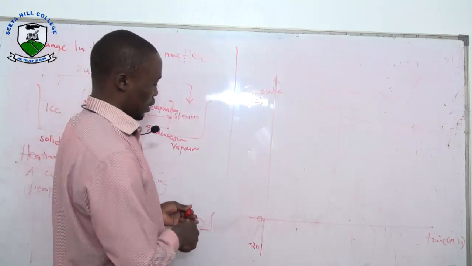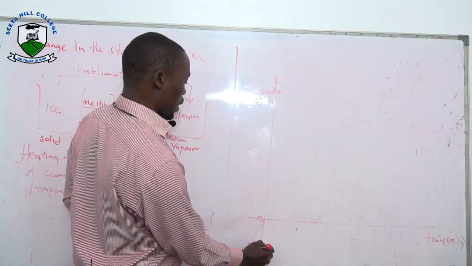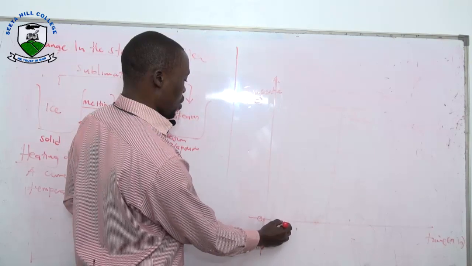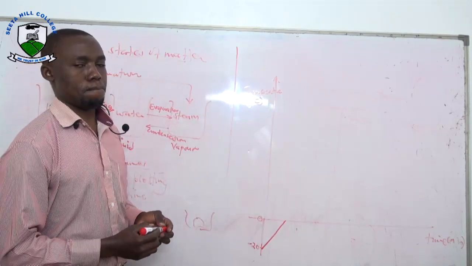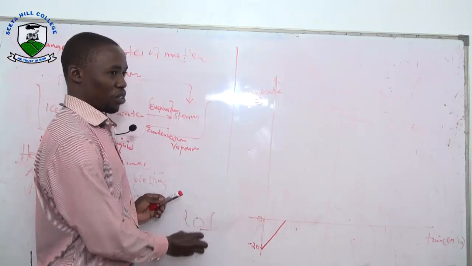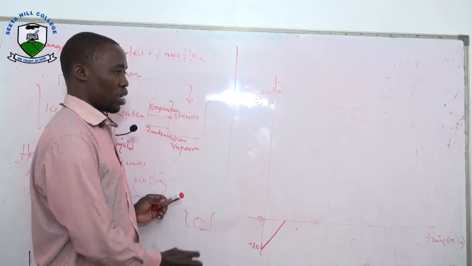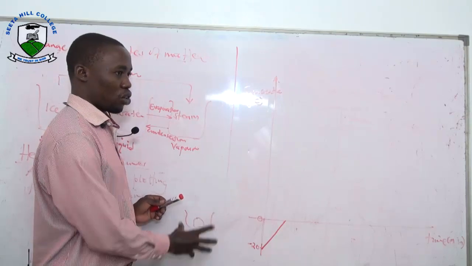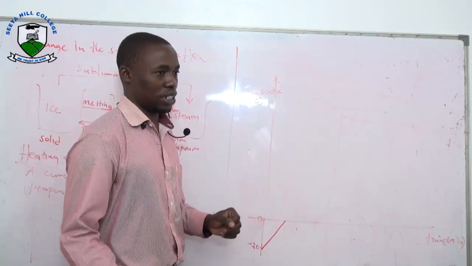That means during heating, there is a gradual increase in the temperature, because that heat is input to break the forces in the solid particles, so that the molecules, the particles, are set free to move. Now at 0, ice starts to melt.